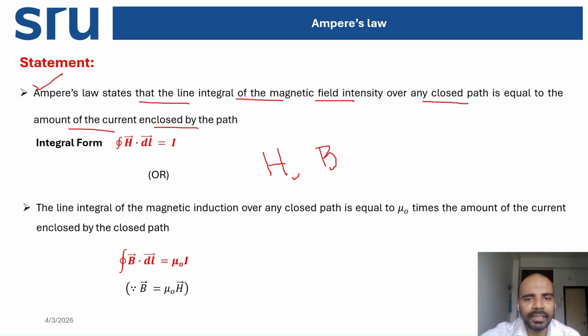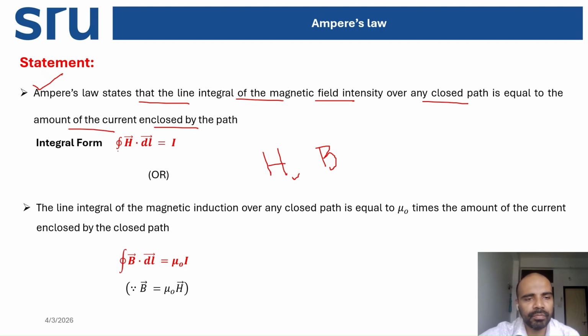So the line integral of H, the magnetic field intensity, over any closed path or closed loop is equal to the current enclosed by the path.